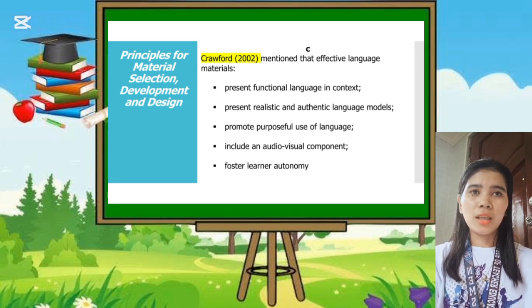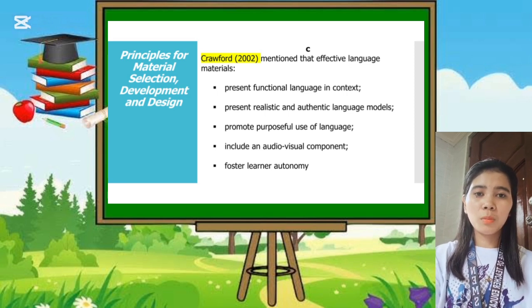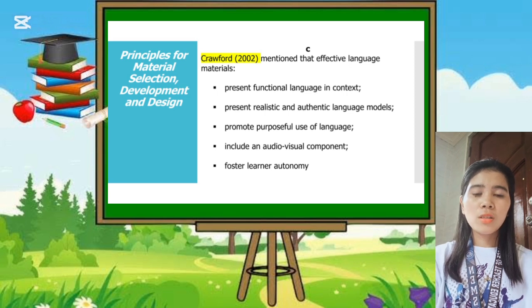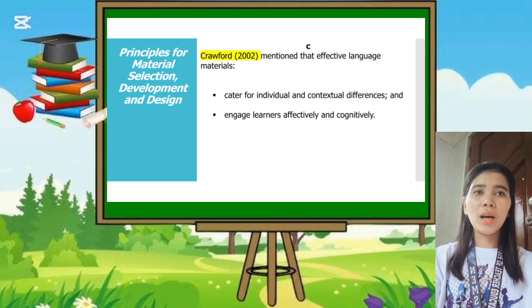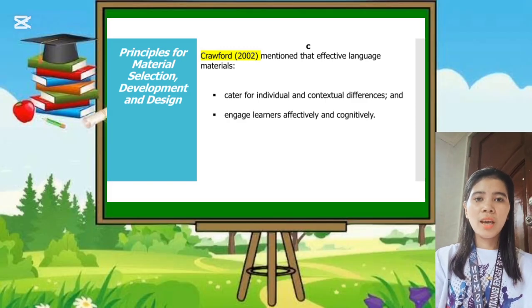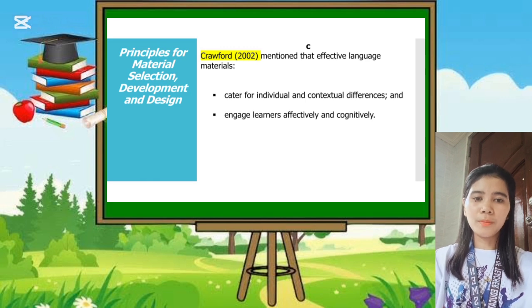They present realistic and authentic language models, promote purposeful use of language, and include an audio-visual component that fosters learners' autonomy. They cater to individual and contextual differences and engage learners affectively and cognitively.